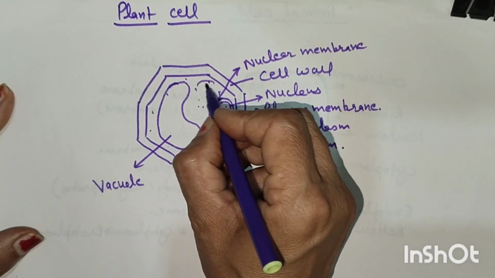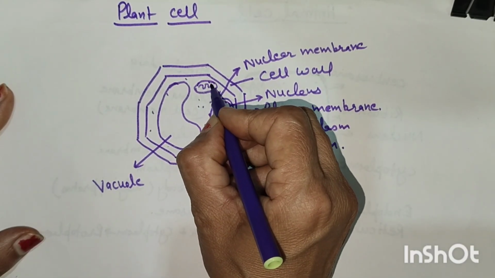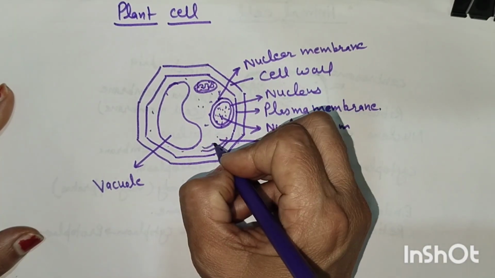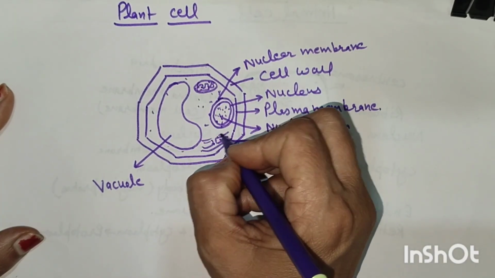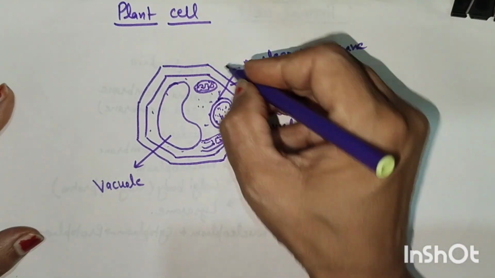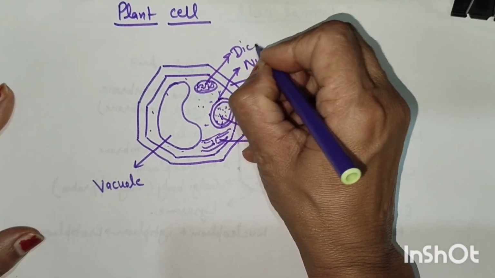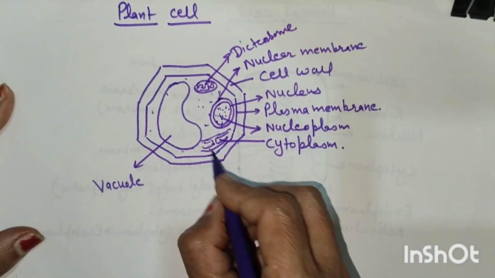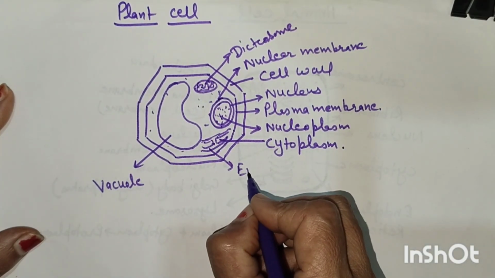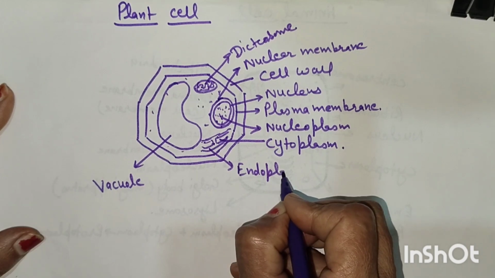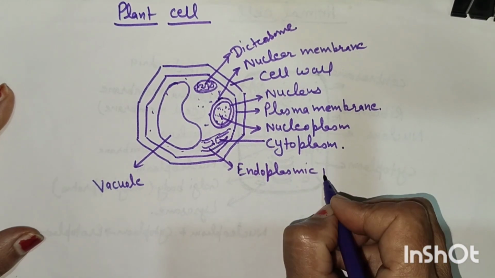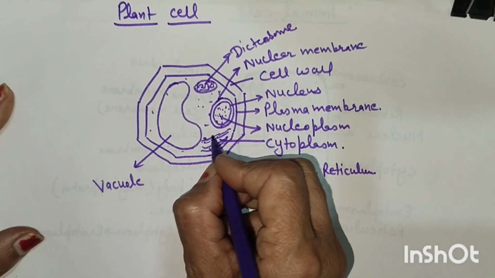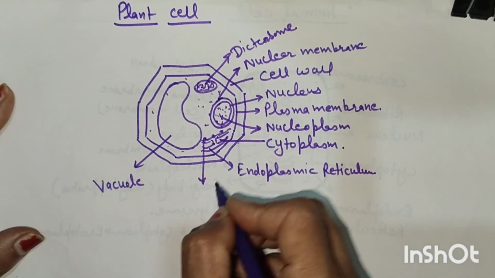Here are certain other organelles like mitochondria, endoplasmic reticulum, and dictyosome. This is the ER, or endoplasmic reticulum. These are the ribosomes.